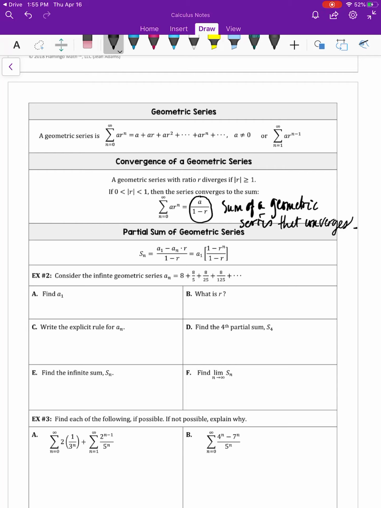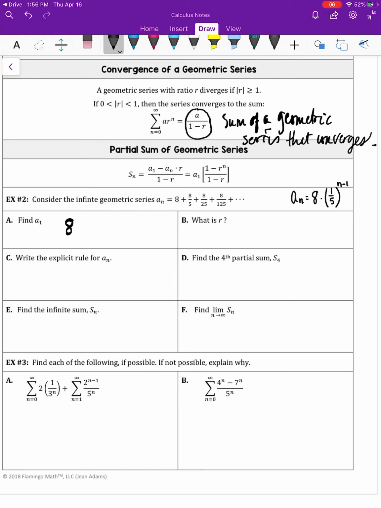What is r? Well, our first term is 8 times 1/5 to the, and what would you think if this is our first term? Wouldn't this have to be n minus 1?